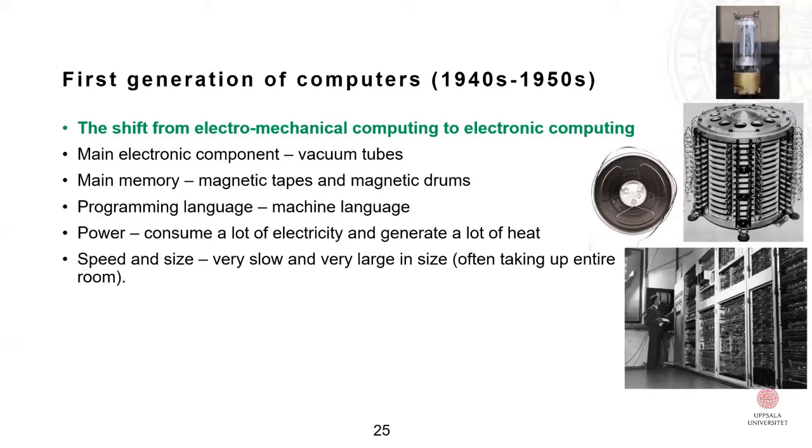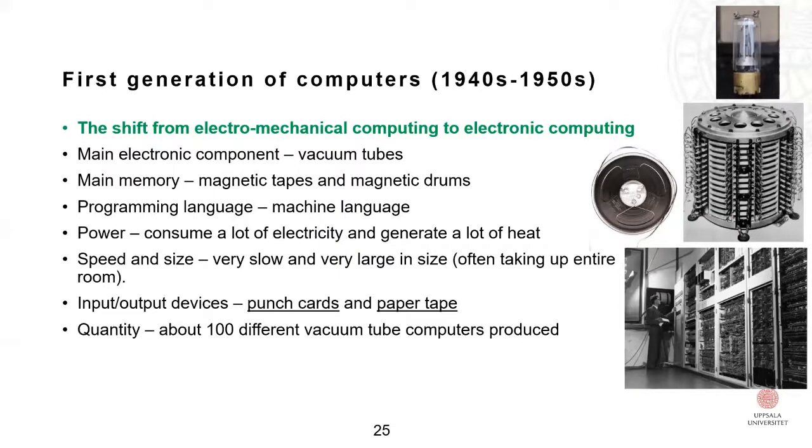And these computers would consume a lot of power and generate a lot of heat. So they were maybe as big as a room, and they were slow, and they needed air conditioning because there was too much heat produced.